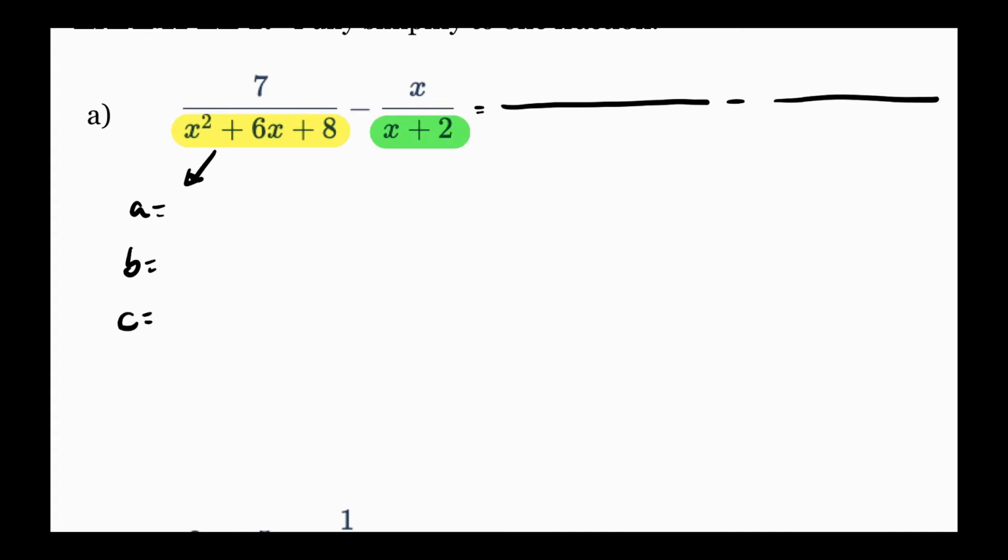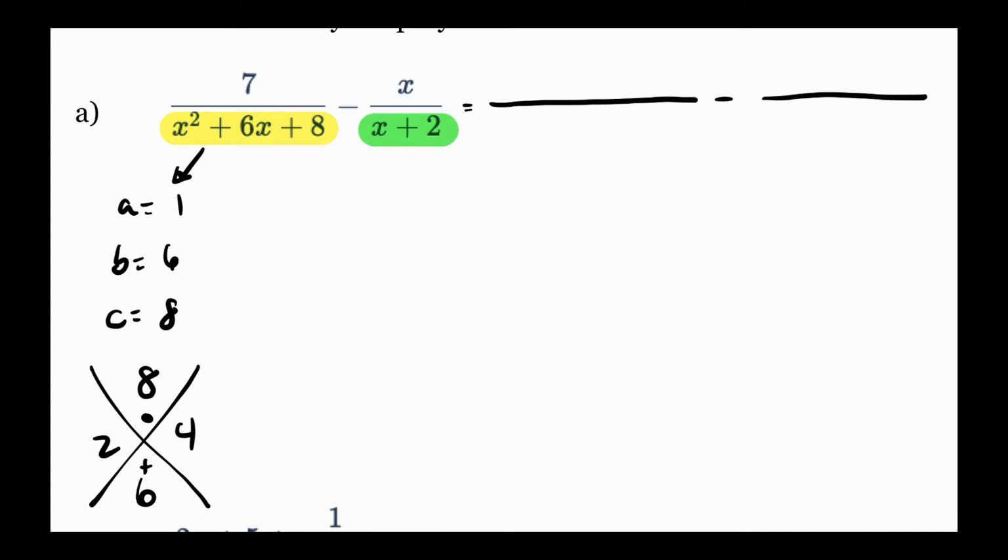We've done that many times. 1, 6, 8. So we're looking for the numbers that multiply to be 8 and add to be 6. 2 and 4.